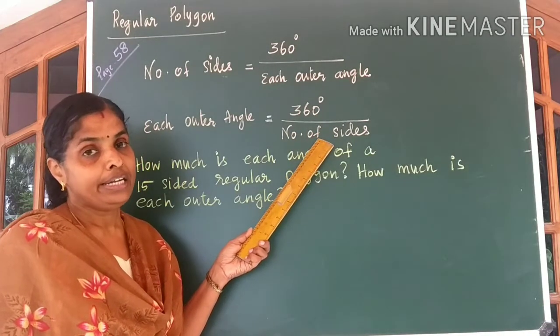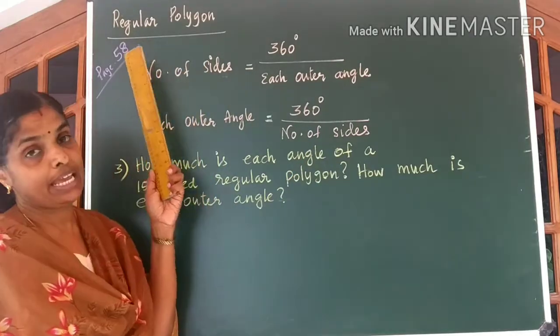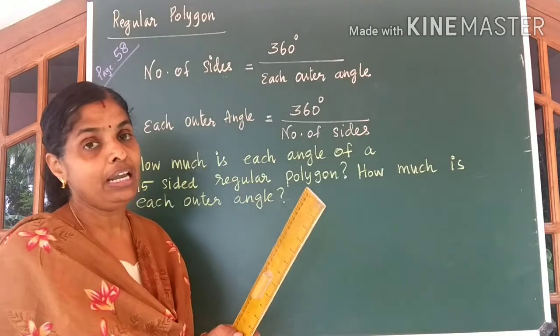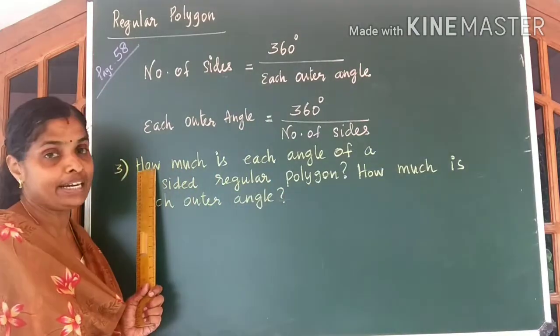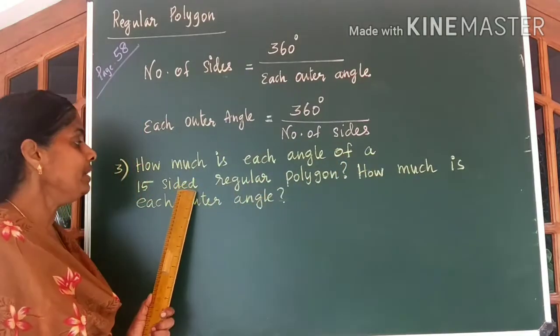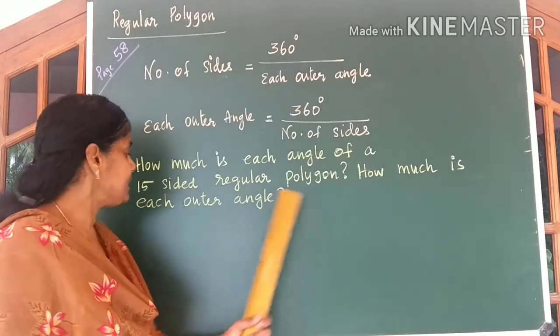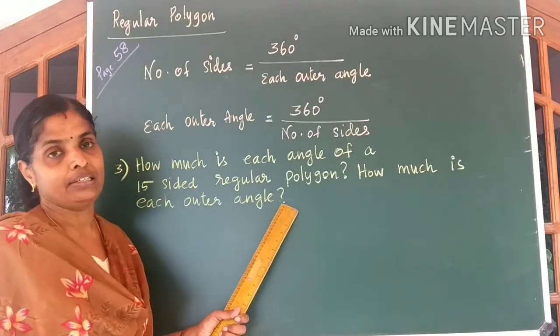Now let us see the questions on page number 58. First of all, I am discussing the third question. How much is each angle of a 15-sided regular polygon? How much is each outer angle?